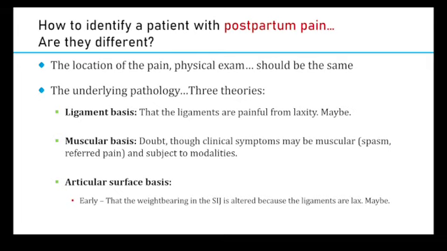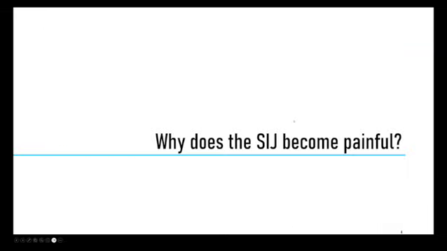And I think there's two elements to that. The early element, which is that the SIJ is altered because the ligaments are lax, or is it late because of some damage to the sacroiliac joint because of the ligament laxity? So next question is, why does the sacroiliac joint become painful?